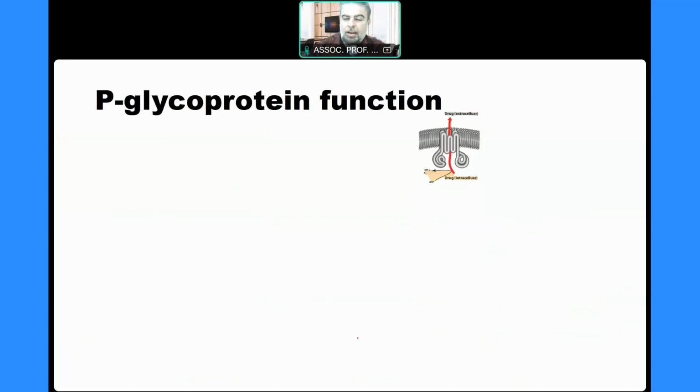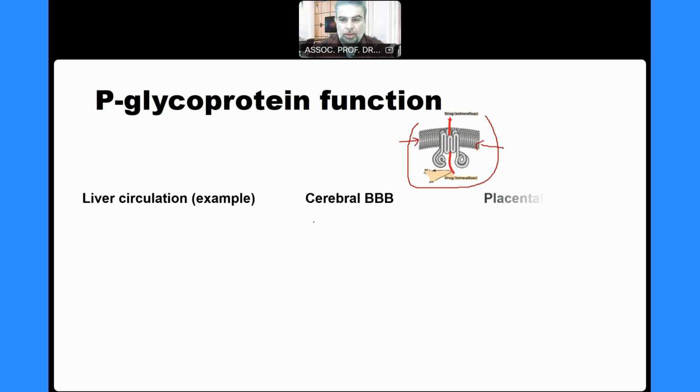The other mechanism that we want to discuss is P-glycoprotein, which is a pump available on the cell membrane of almost all cells of the body, especially the capillaries present in the brain, the liver, and the fetal-maternal circulation.